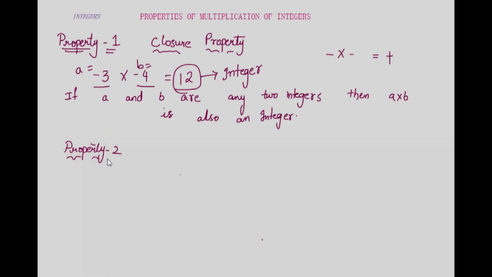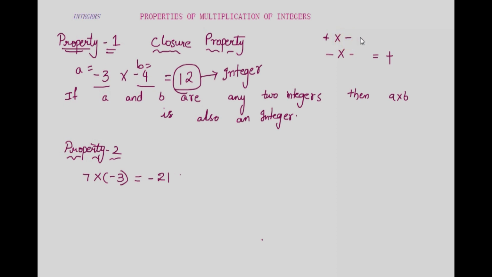Property number 2. Let us take an example. 7 into -3. 7 is an integer and -3 is also an integer. 7 into -3 is equal to -21. 7 into 3 is equal to 21, and here this is +7 and this is -3. Plus into minus.